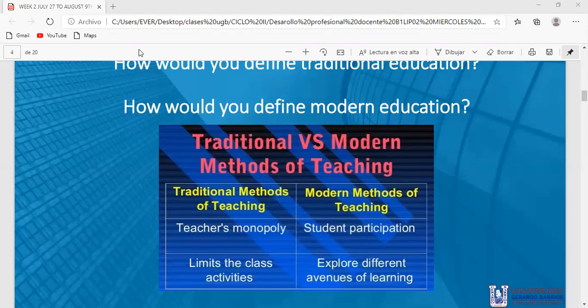For the people that are new in this group, we are constantly making discussions in small groups. So we're gonna make groups of 4 people. You're gonna receive an invitation right now, and I'm gonna mix the people. So take advantage of that and get to know your classmates. Don't be shy.